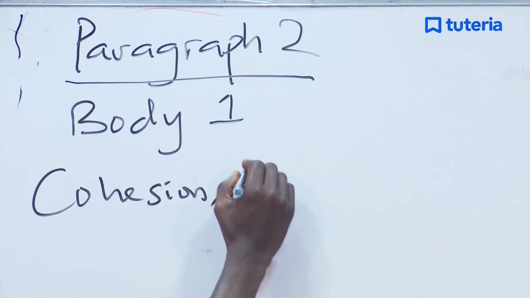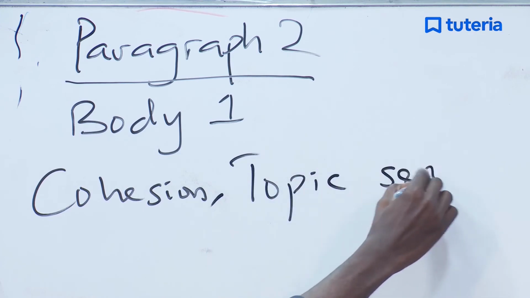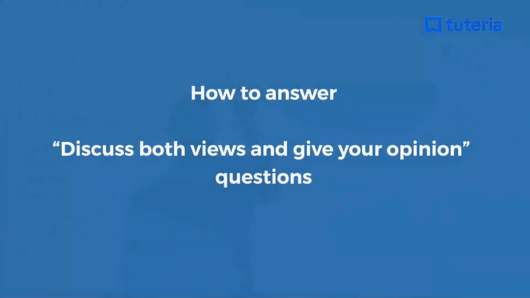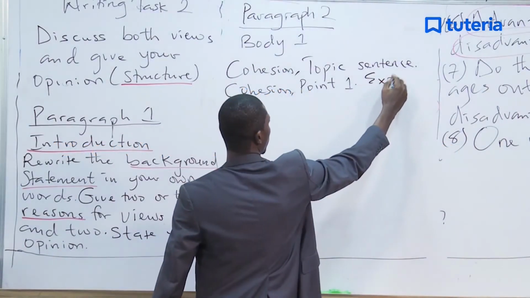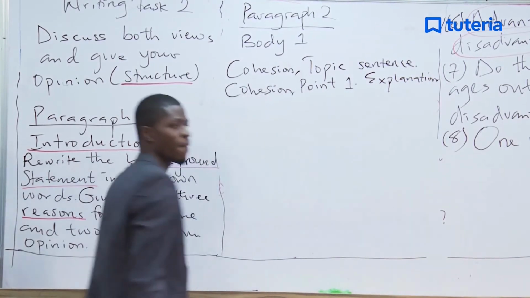You have the topic sentence, you have your full stop, you have cohesion again, comma. So we have your point 1, full stop. Then we have explanation, and we have full stop.